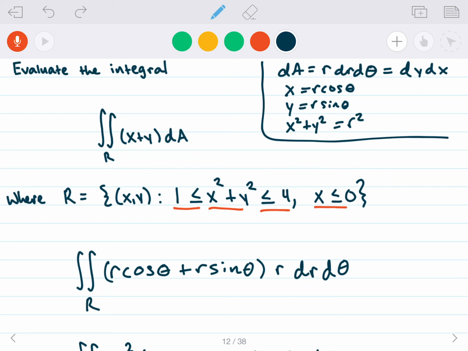Instead of x squared plus y squared, I have r squared varies between 1 and 4. And then instead of x, I have r cosine theta is less than 0. Instead of x, I have r cosine, and instead of y, I have r sine.